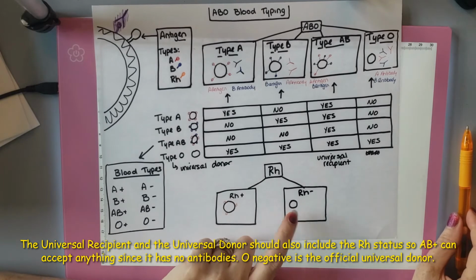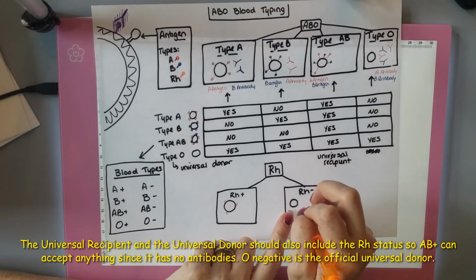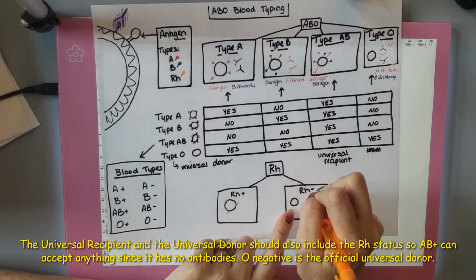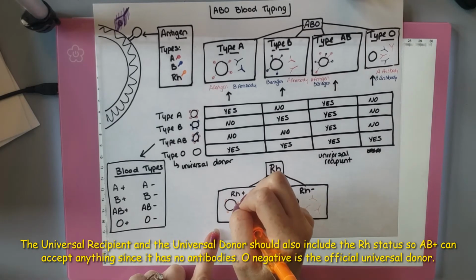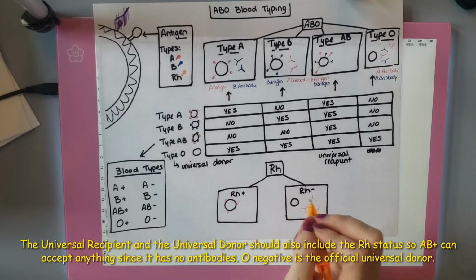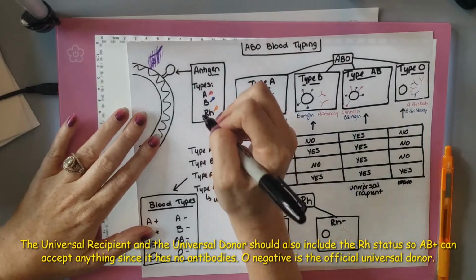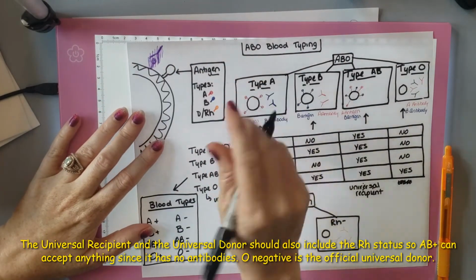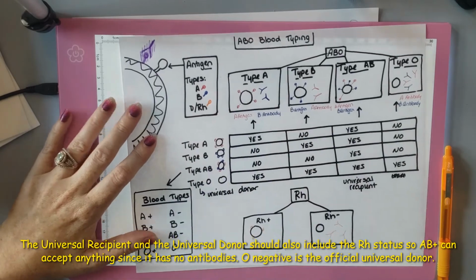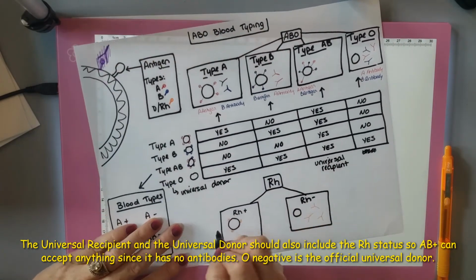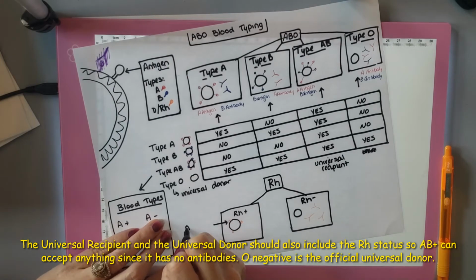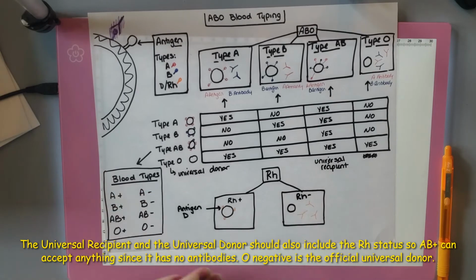However, if you're Rh negative, you're going to have a ton of antibodies against that antigen D. Oh, I didn't tell you that. The Rh antigen is actually called antigen D. They're used interchangeably. So, let me put it here. Antigen D. All right.